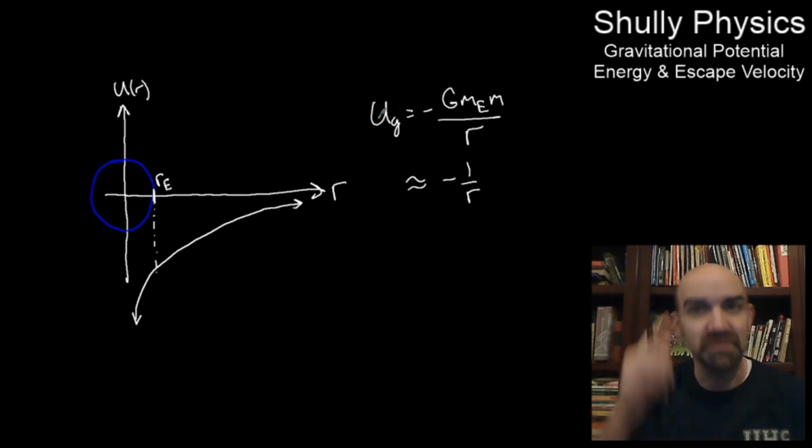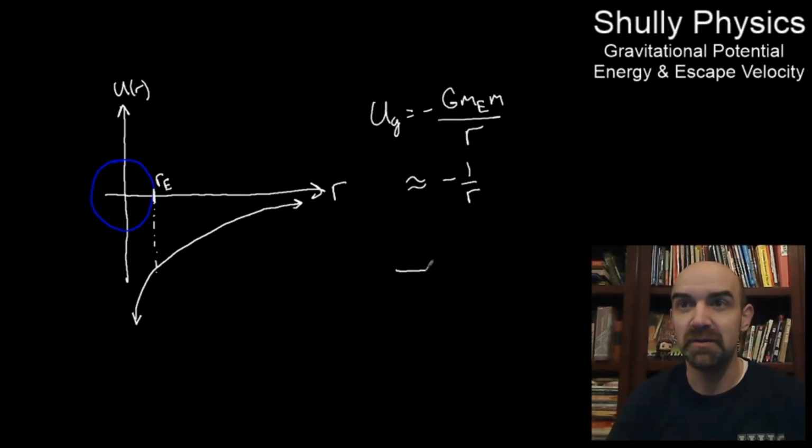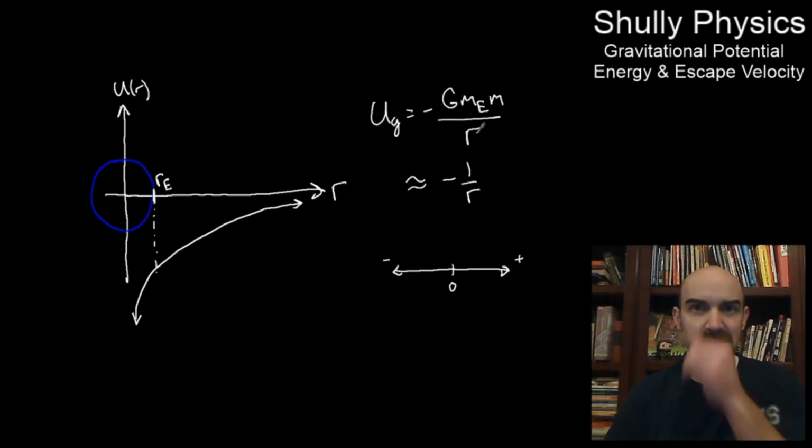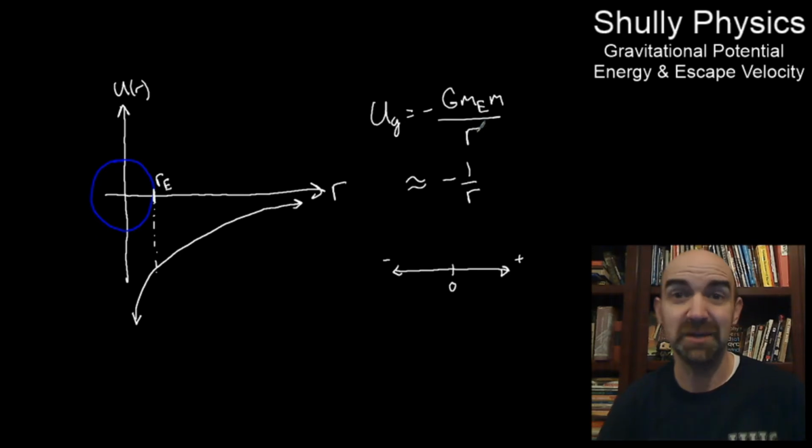So you've got to think of this more like a number line. With a number line, we plot 0 right there in the middle. Everything over here is negative. Everything over here is positive. If R is small, like the radius of the Earth, then we have a negative number divided by a small number. It's a large negative number. It's very negative. It's out here.